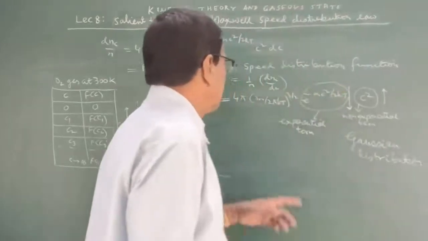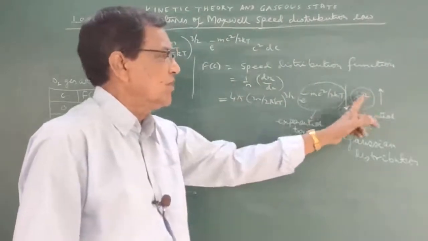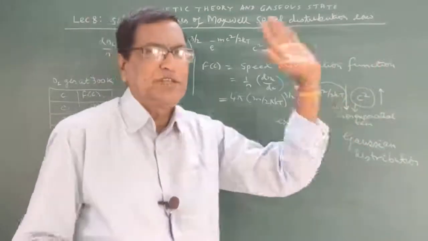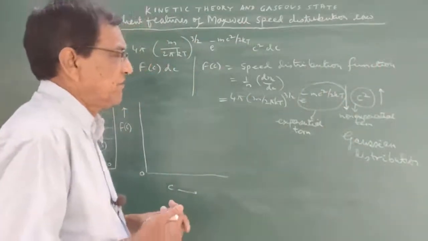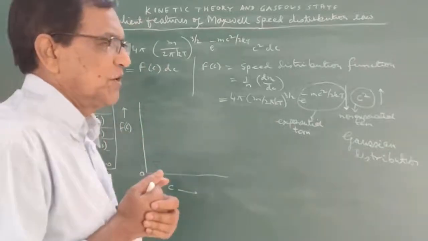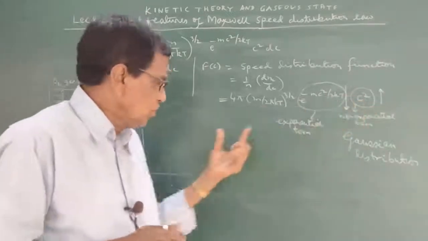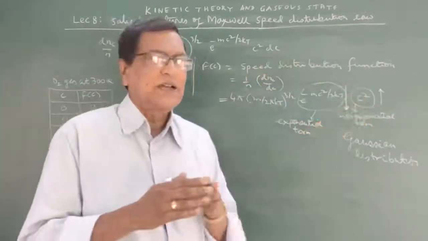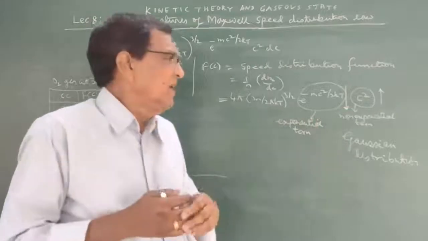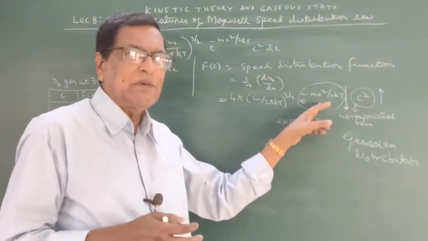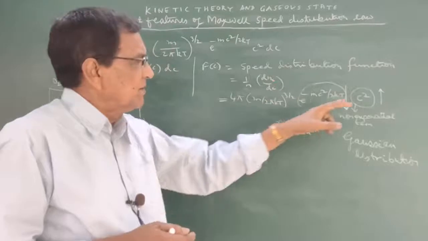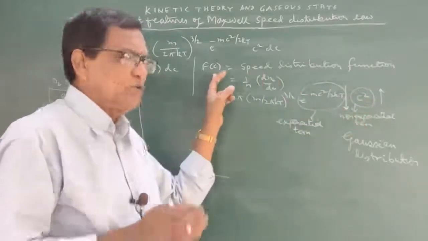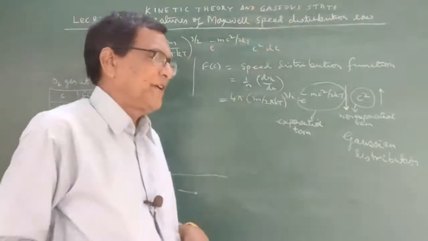In the expression of Fc, there are two terms: one term is increasing, the other is decreasing with the increase of C. So naturally, whenever the value of C is low, the non-exponential term will dominate over the exponential term, and for low values of C, Fc will begin to increase.